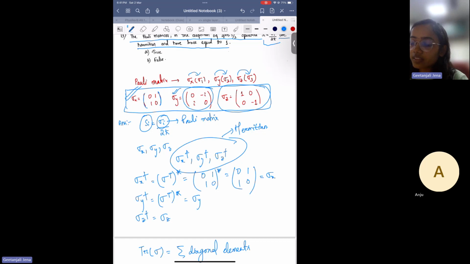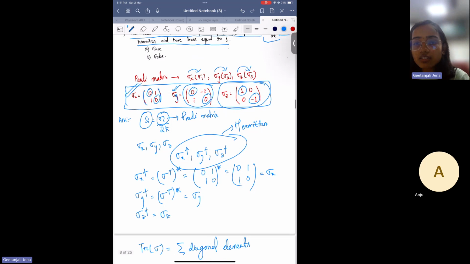You just have to see the diagonal elements and find out what the summation is. So for sigma x, the diagonal elements are 0, 0. That means the sigma x trace is 0. For sigma y, it is also 0, 0, so the trace is also 0 here. And for sigma z, it is 1 and minus 1. So that means the trace is also 0 here.